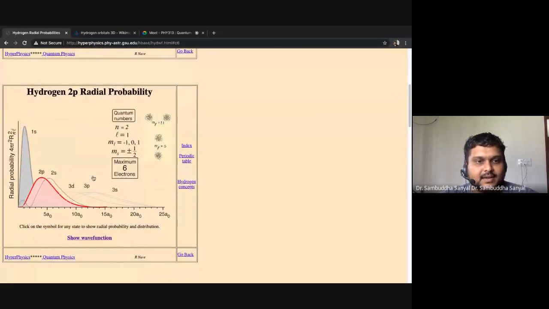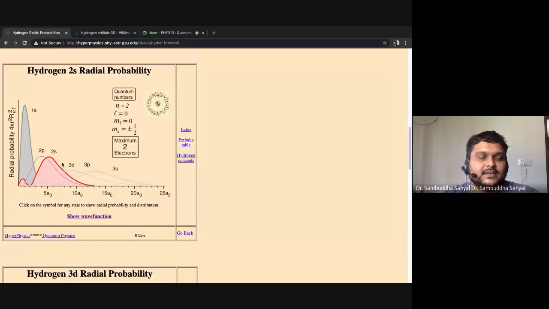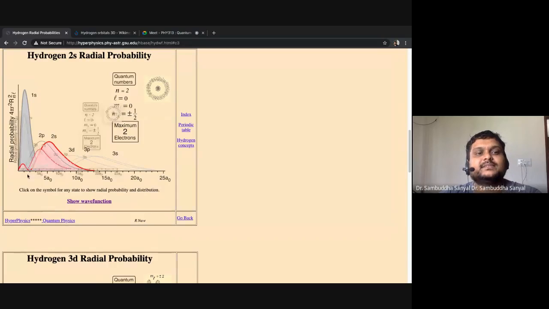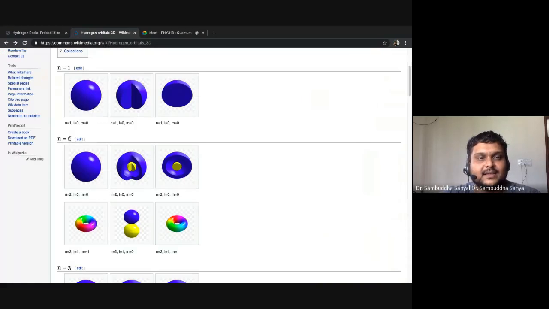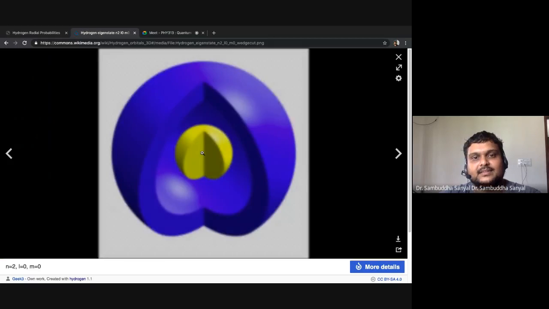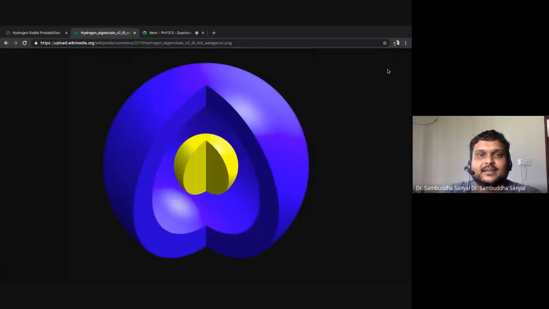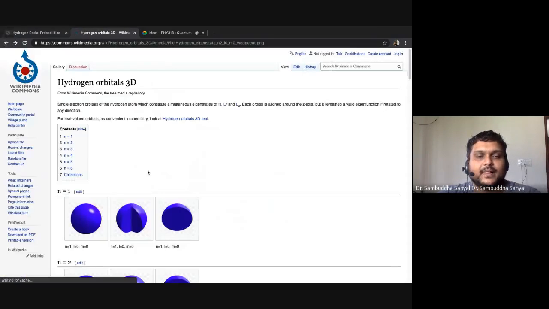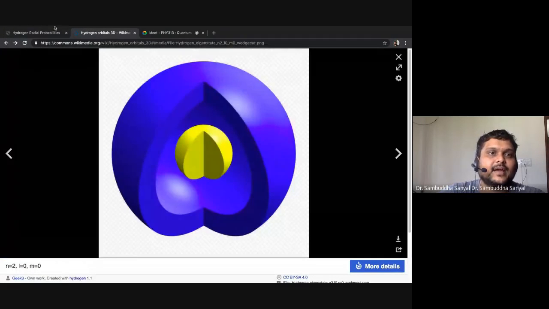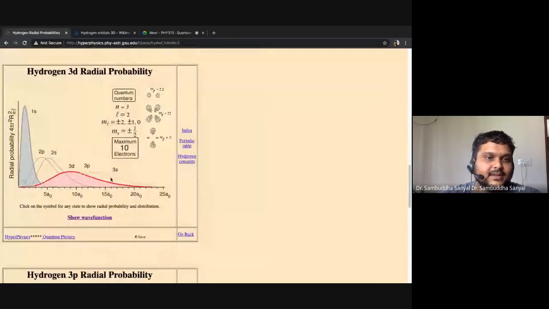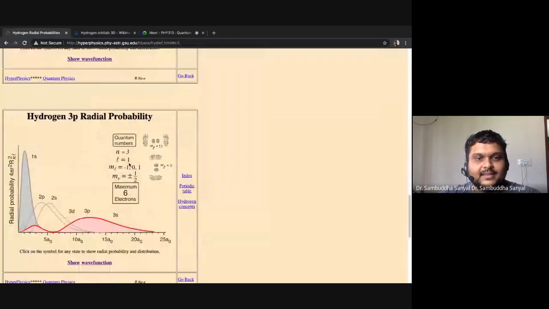Yeah, let me look at this 2s. You can see that 2s has two peaks, and you can see from here that 2s will have these two regions, one at the center and one at the edge. Similarly, if you have something with three peaks, you will get that form accordingly.